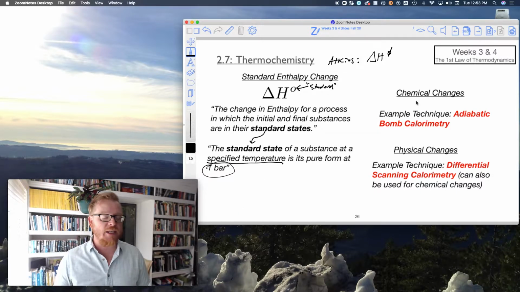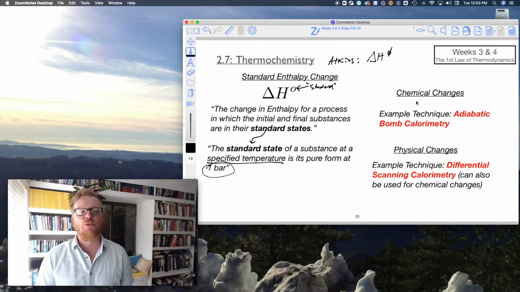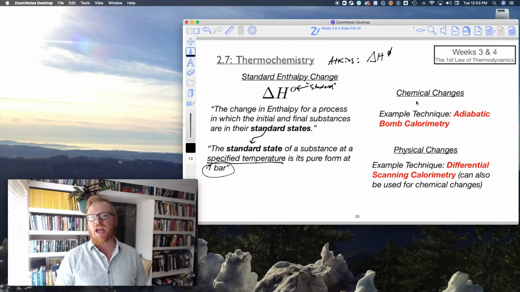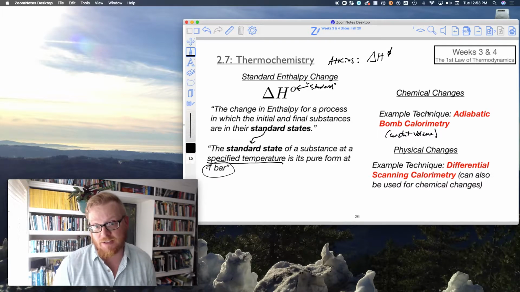Okay, so here are our techniques. These aren't the only techniques for doing standard enthalpy changes, just a couple that I want to highlight. Adiabatic bomb calorimetry, or sometimes this is called constant volume bomb calorimetry. The adiabatic obviously refers to the fact that it's an isolated system.